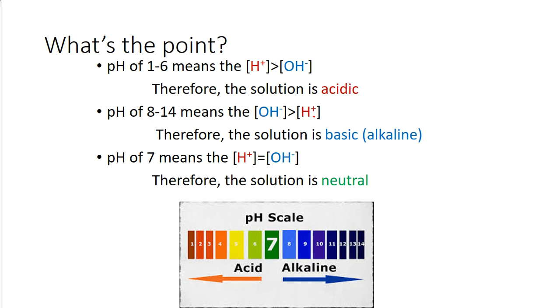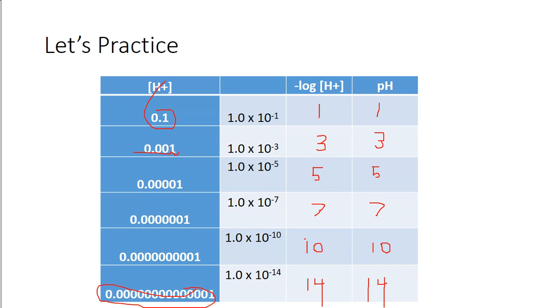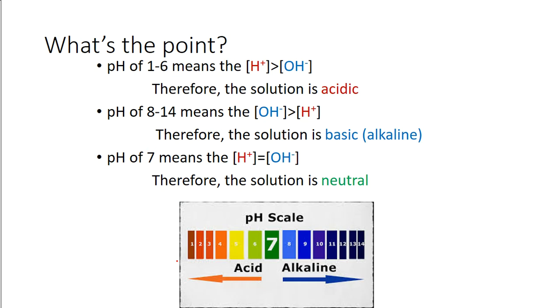So it's becoming a very small fractional number. If H+ is a small fractional number, that means the OH minus is a bigger number than that, and that makes it a basic or alkaline solution. And if it's pH 7, that means the H+ and OH minus are equal, and we say that's neutral.